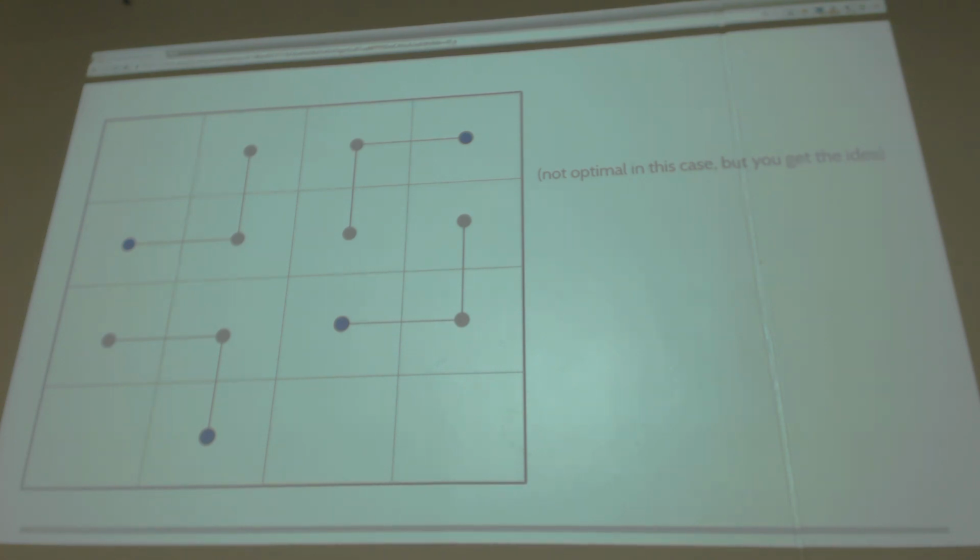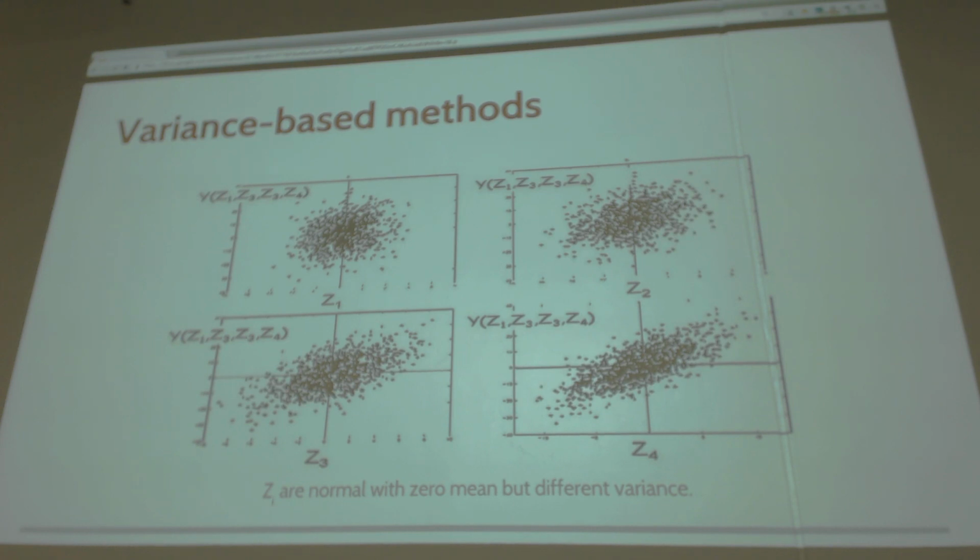Okay, now let's go to the meat of the talk, which is variance-based sensitivity analysis methods. Here's a function that depends on 4 parameters. It's taken straight from the book that this whole talk is based on. And here we're plotting just a scatter plot of 1,000 runs of the function versus each of the 4 parameters.